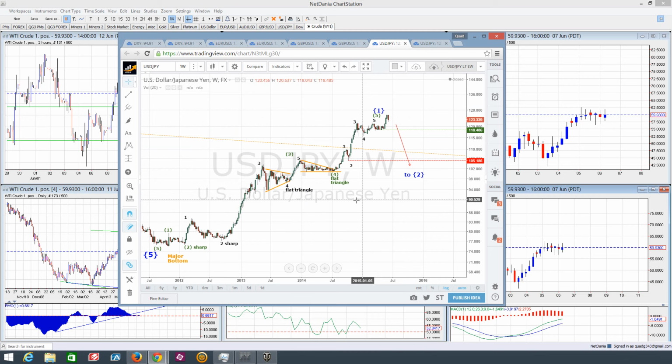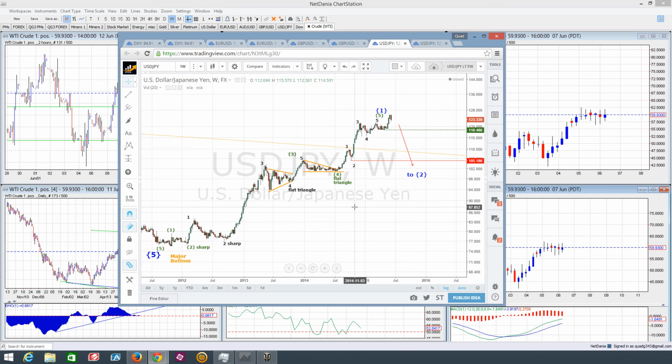Looking at USD JPY. All right, so here's the long-term count. Here's this major bottom that was set all the way back here in 2011. We've had this nice impulsive drive to the upside. But right now, though we did have a full count, we didn't get the reversal that was expected. Instead, we built this little triangle here and a thrust up.